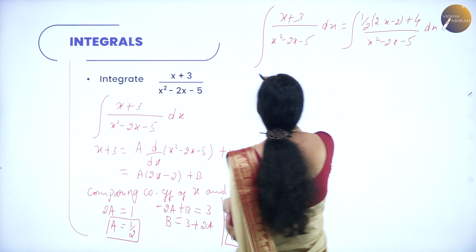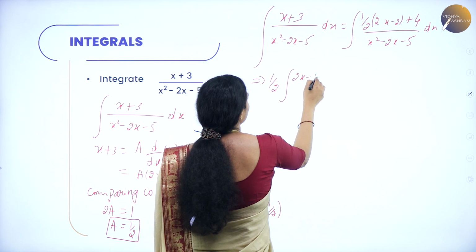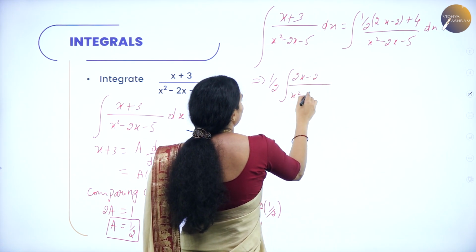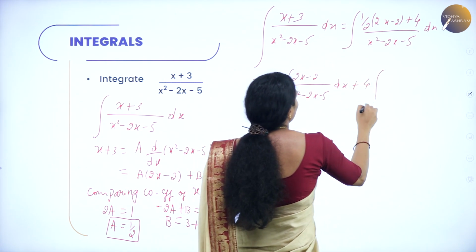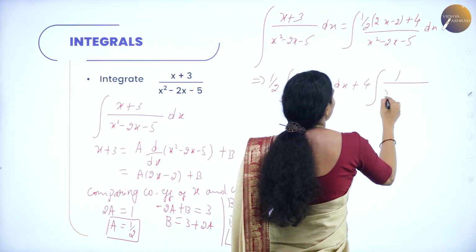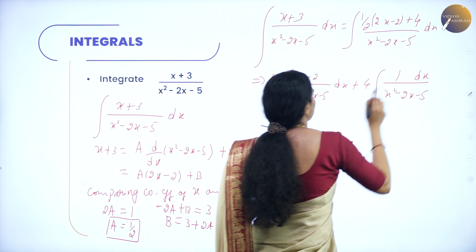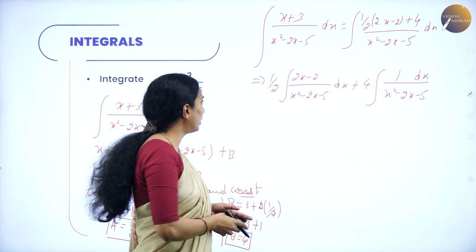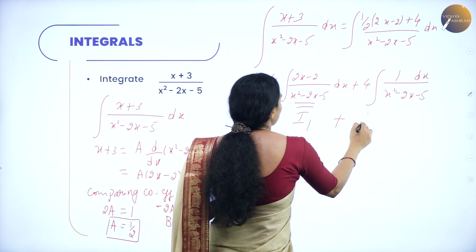Now segregating this, which implies 1 by 2 into integral of 2x minus 2 divided by x squared minus 2x minus 5 into dx, plus 4 into integral of 1 divided by x squared minus 2x minus 5 into dx. I hope you got this one.